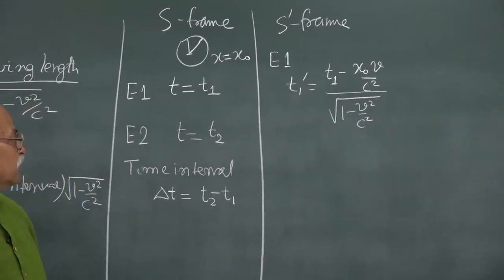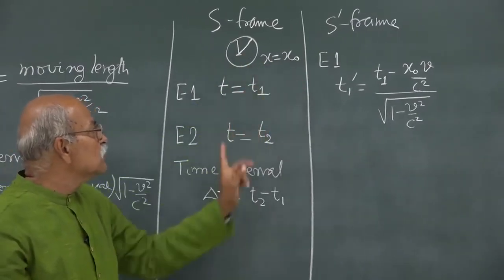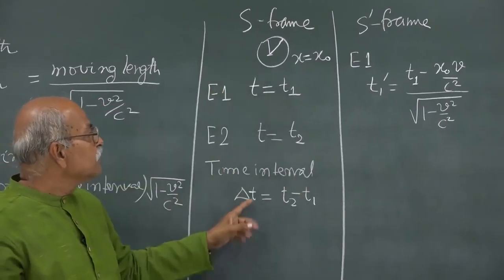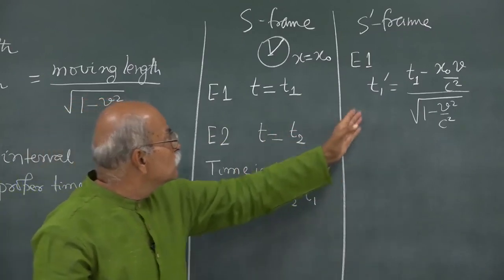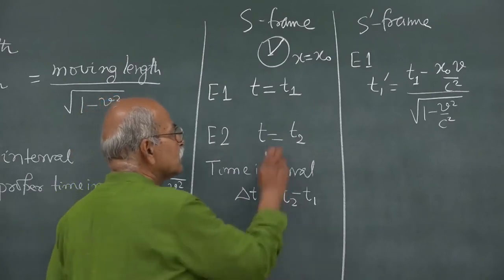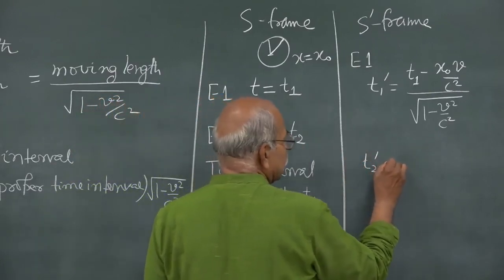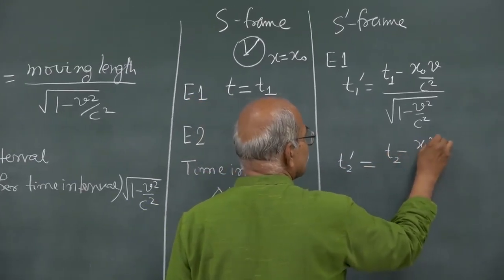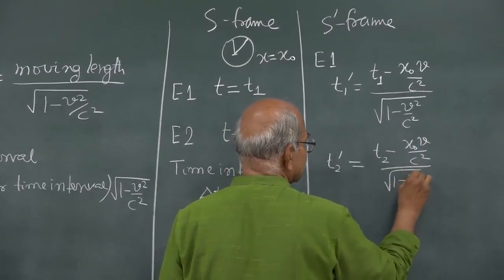Then event 2, which has occurred at the same position x equal to x naught but t equal to t2 in this frame, if looked at from this S prime, the time will be t2 prime equal to t2 minus x naught v by c square, divided by square root 1 minus v square by c square.